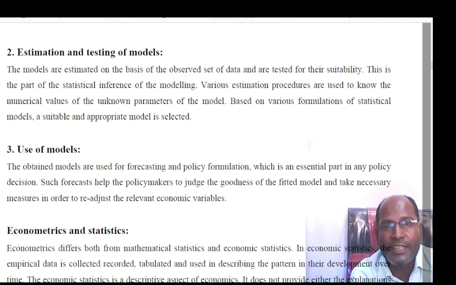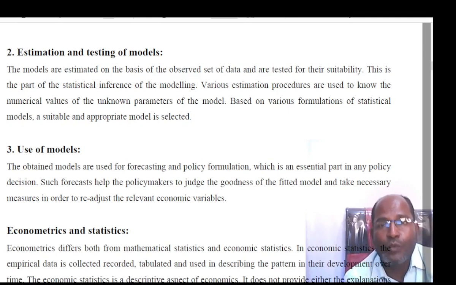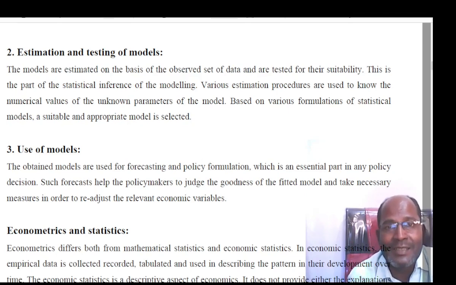The models are estimated on the basis of the observed set of data and are tested for their suitability. This is the part of the statistical inference of the model. Various estimation procedures are used to know the numerical values of the unknown parameters of the model. Based on various formulations of statistical models, a suitable and appropriate model is selected.